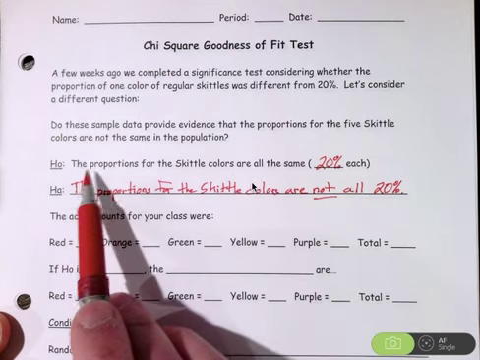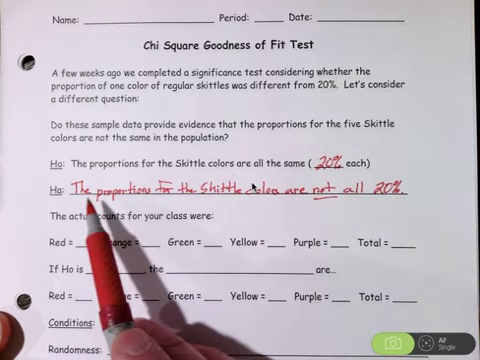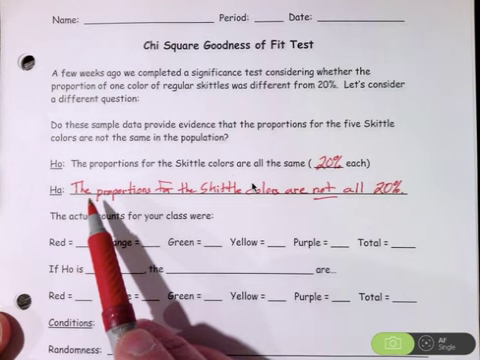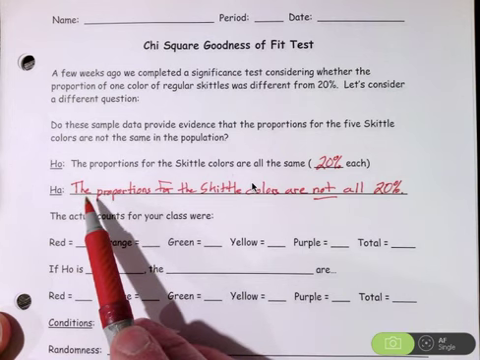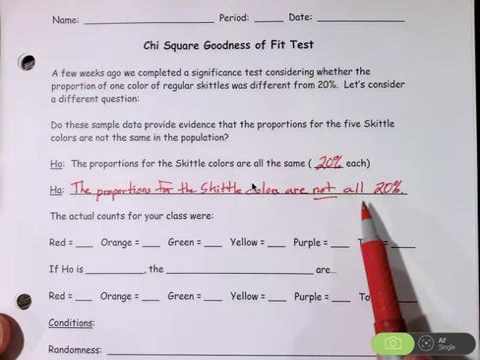So if nothing special is going on, we really get 20% of each color. That's the null hypothesis. So the alternative then is that we get something different from that. There are so many possible alternatives that it's not even possible to write all of the possibilities. It's much easier to write it in words.